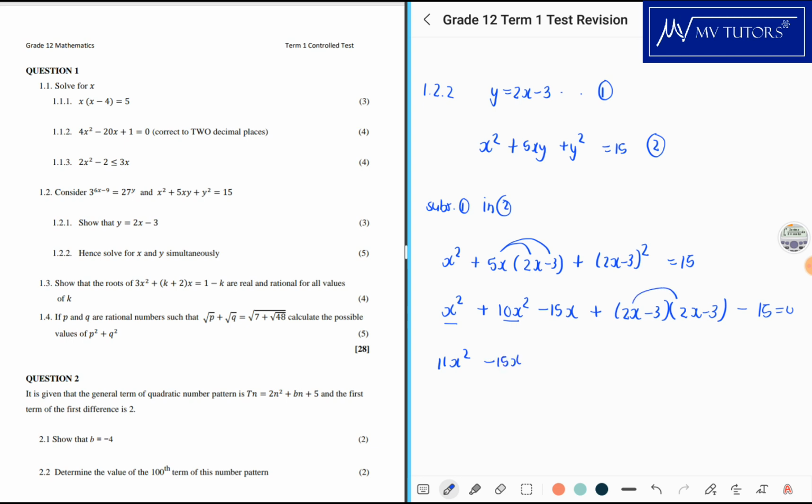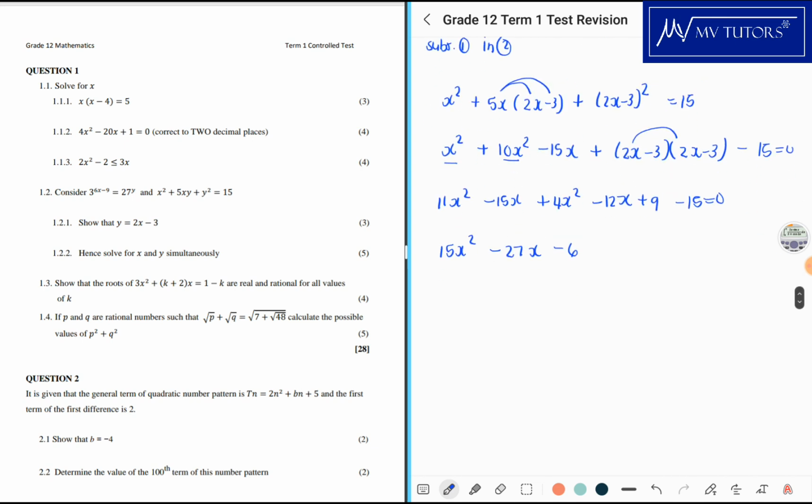And then 2x times 2x is 4x squared, minus 6x minus 6x will be minus 12x, plus 9 minus 15, that's minus 6. So I have 11 plus 4, which is 15x squared, and then minus 15 minus 12, that should be minus 27x, and then plus 9 minus 15, that should give me minus 6.